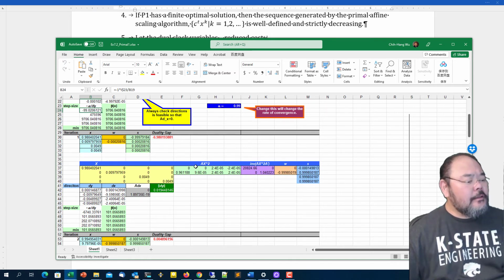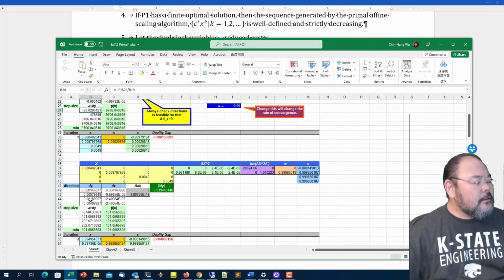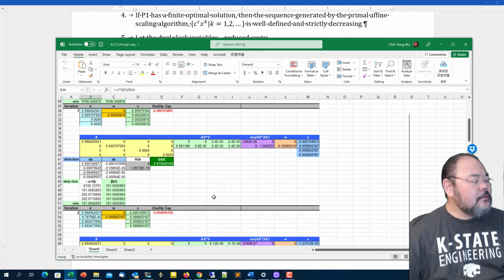Capital X, A times X squared, A times X squared times A transpose inverse. Calculate the new dual solution. Calculate dy again, dy equals negative capital X times s, which is this guy. And inverse affine transform back to dx and verify A times dx equals 0, and the magnitude of dy.